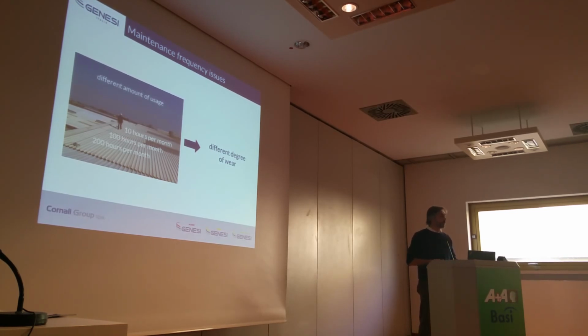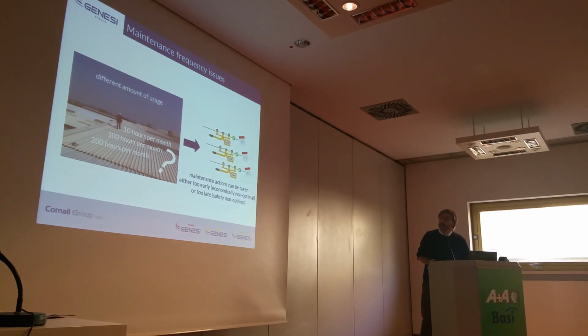So a lifeline used for, let's say, 10 hours per month will exhibit a different degree of wear than a lifeline used every working day of the month. And again, the lack of real-time knowledge about the actual usage and load of the lifeline forces maintenance interventions to be planned mostly based on repetitive and non-optimal regulations.